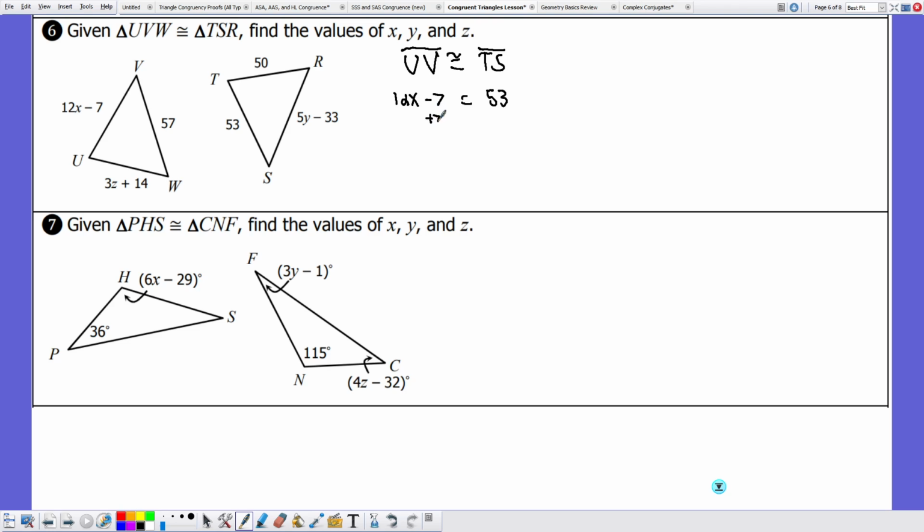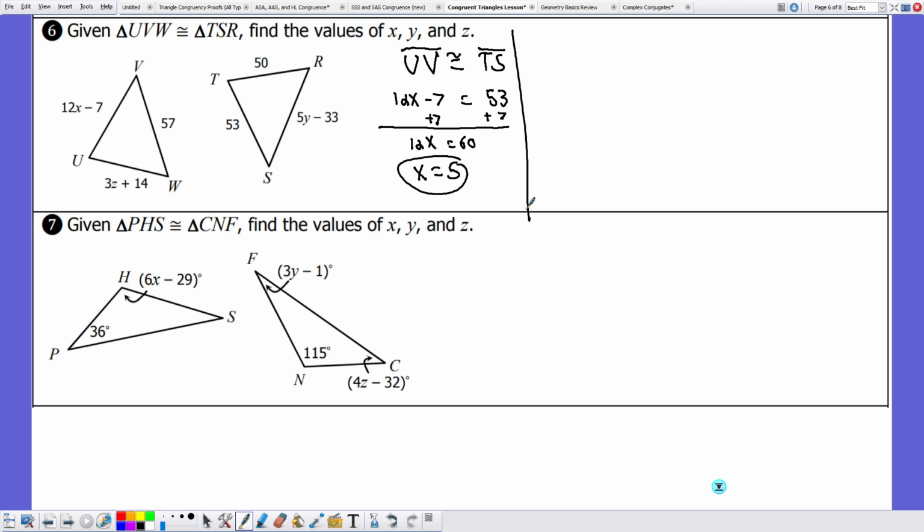Adding 7 on both sides, we have that 12x is equal to 60, and therefore x is equal to 5. Not too bad.